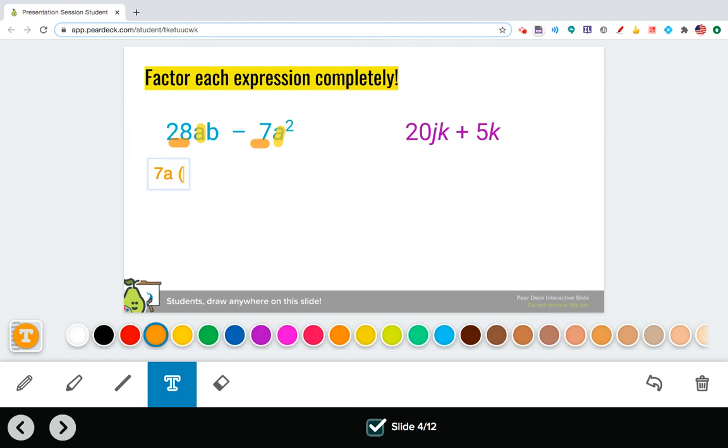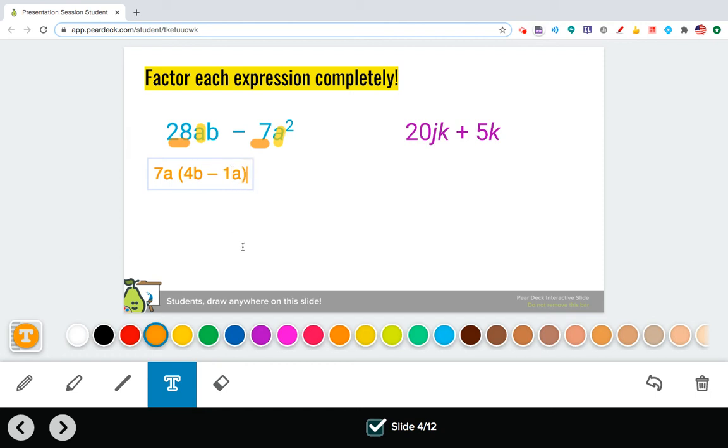And then I want to think 7a times what is 28ab. So we're kind of doing a type of division, right? 7a times 4b will give me that original term of 28ab. 7a times what is 7a squared? 7a times 1a.